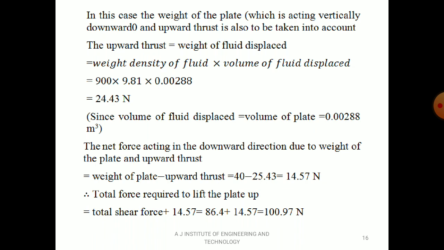So you have to just add the net force and shear force together, so that you get the total force. That's the modification. The total force is a summation of the total shear force plus the net force acting in the downward direction, because the weight of the plate is more than the upward thrust, so the resultant is going to act in the downward direction. So there's a concept here.